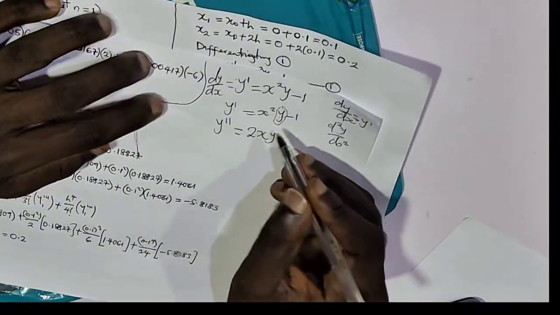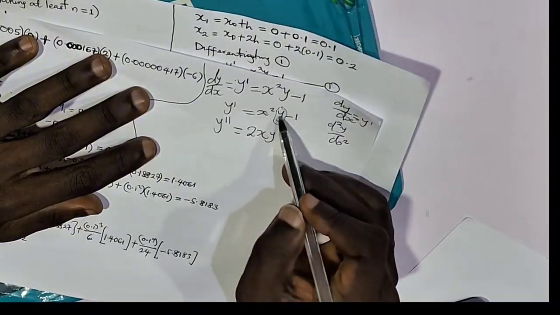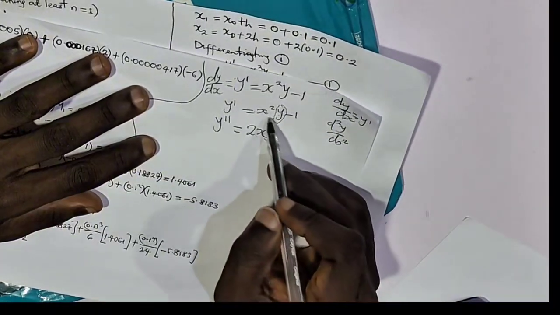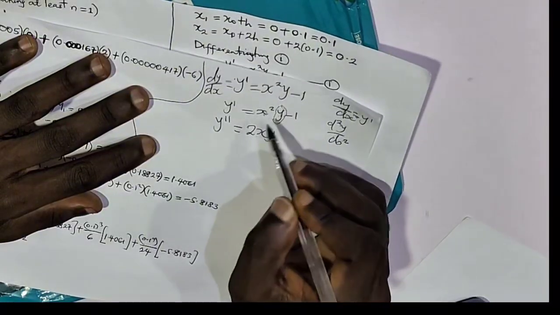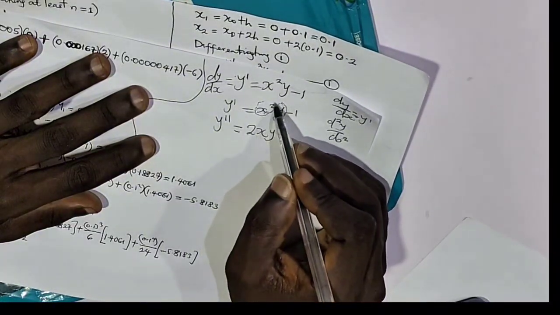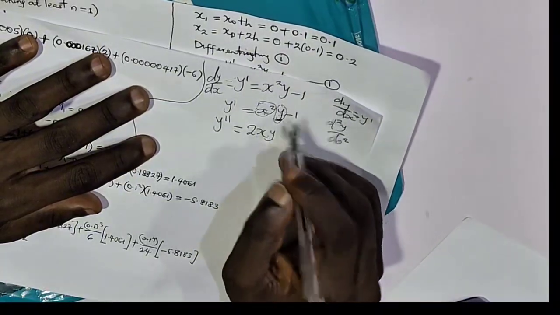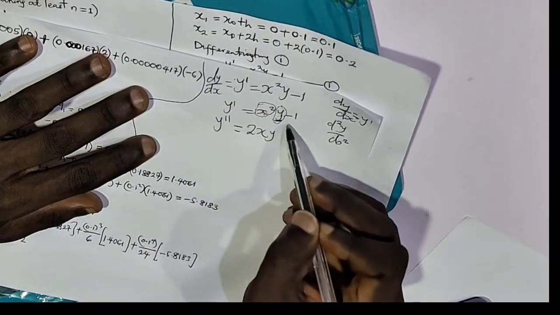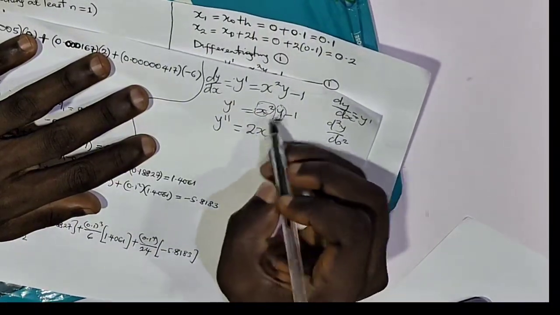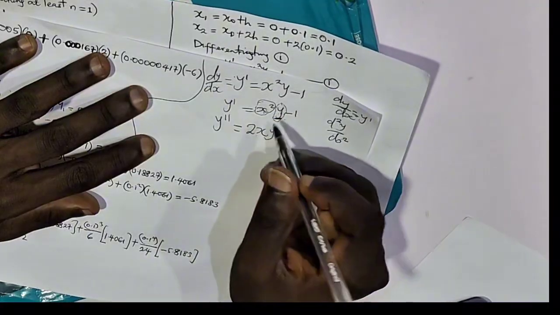But I'm not differentiating with respect to x alone. I'm also differentiating with respect to y, because we have both functions of x and y here. So if I'm differentiating with respect to y, I will keep this x to the power of 2 constant. Take note of something here: I must put a plus.